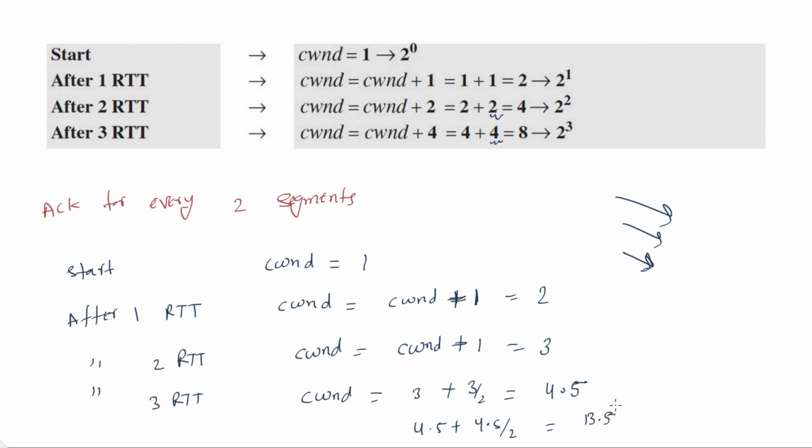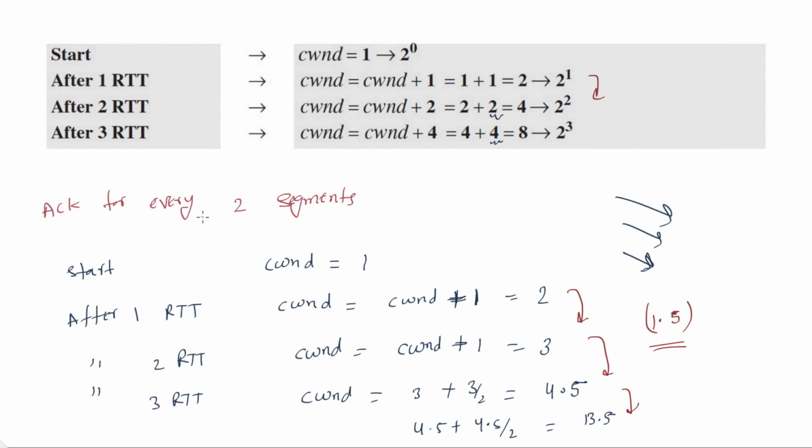So anyway, my point is that whatever you do, this congestion window is not linear, it is always exponential. In this case it was a power of 2. If you do it carefully, in this case it will be a power of 1.5 or something. So my point is that the congestion window is always exponential; even if you are getting one ACK for every 2 segments, you are not increasing linearly.